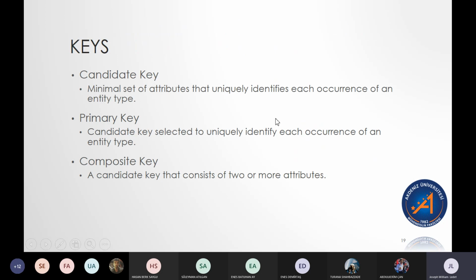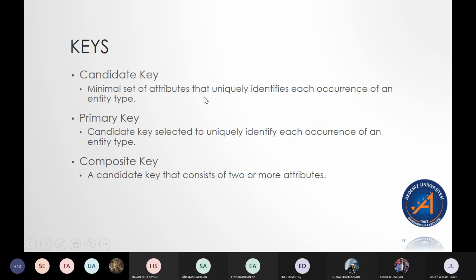Notice that a composite key is simply a candidate key that has more than one column, more than one attribute as part of it. A candidate key is anything that uniquely identifies a row, that uniquely identifies a record.